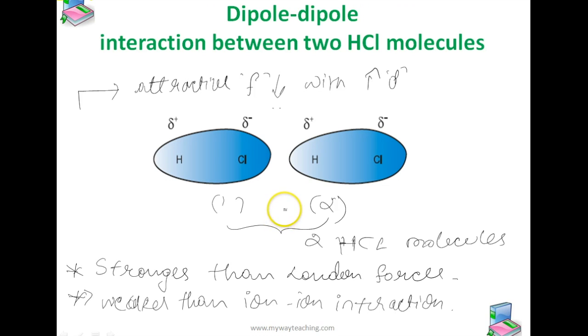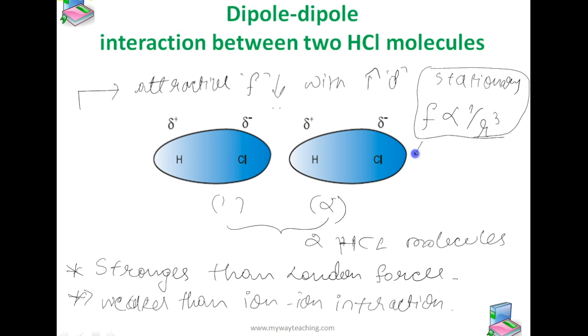But in dipole-dipole interaction, the energy between stationary polar molecules is proportional to 1 by r cube. This is for stationary polar molecules.